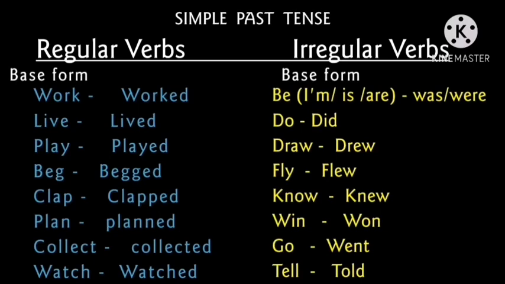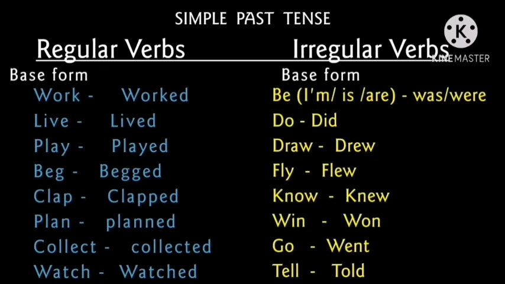So let us see some more examples for regular verbs and irregular verbs. Regular verbs. Work, worked. Live, lived. Play, played. Beg, begged. Clap, clapped. Plan, planned. Collect, collected. Watch, watched. Irregular verbs. Be, was, were.